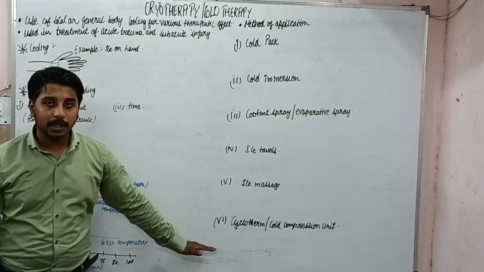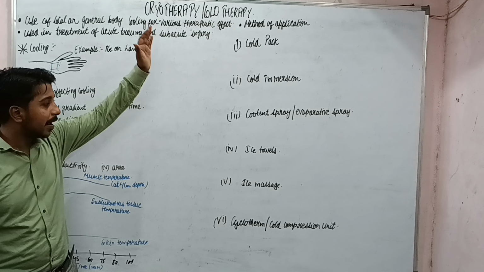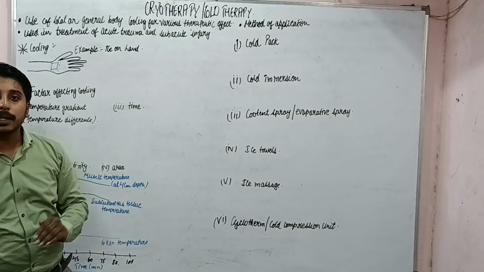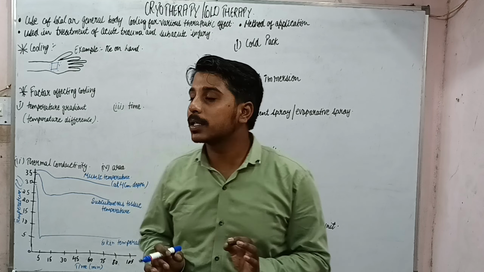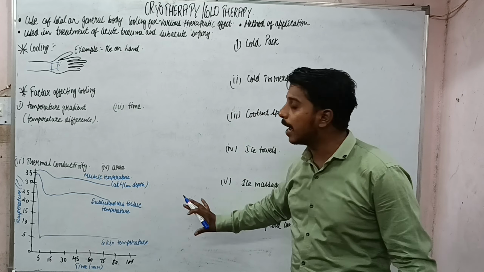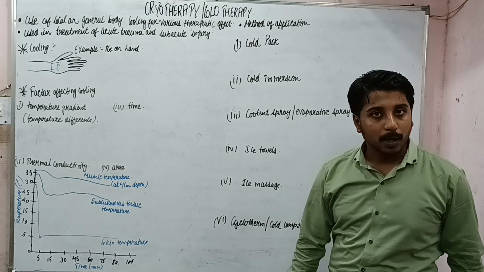This particular unit can provide heating as well as cooling, and I will explain this part in our upcoming lectures. Now we are focusing on what cooling is and what factors affect cooling. So what is cooling?